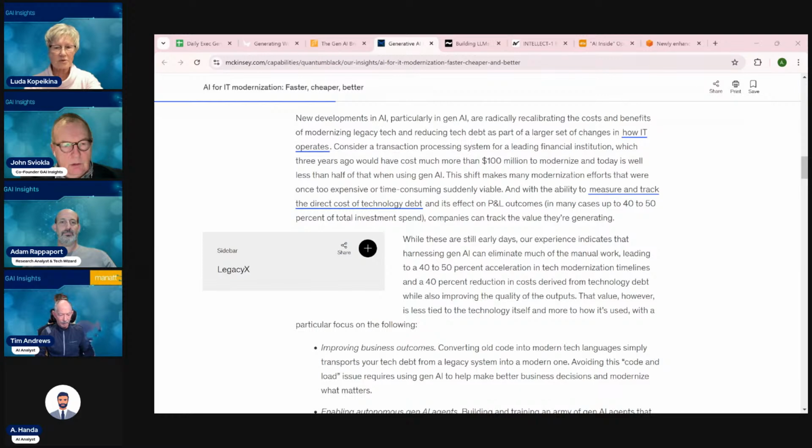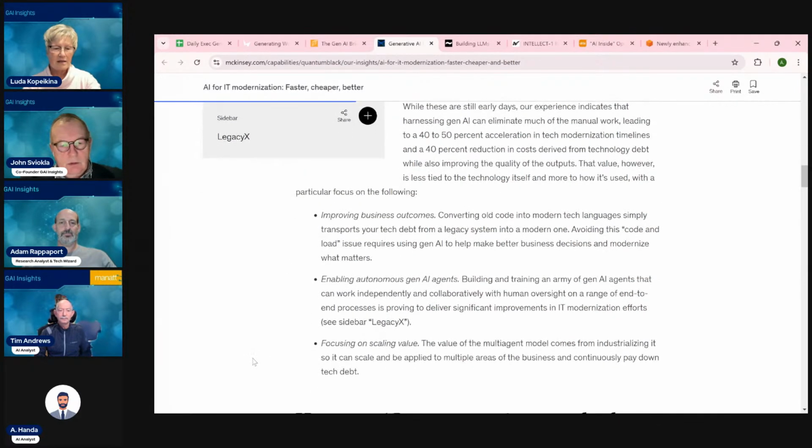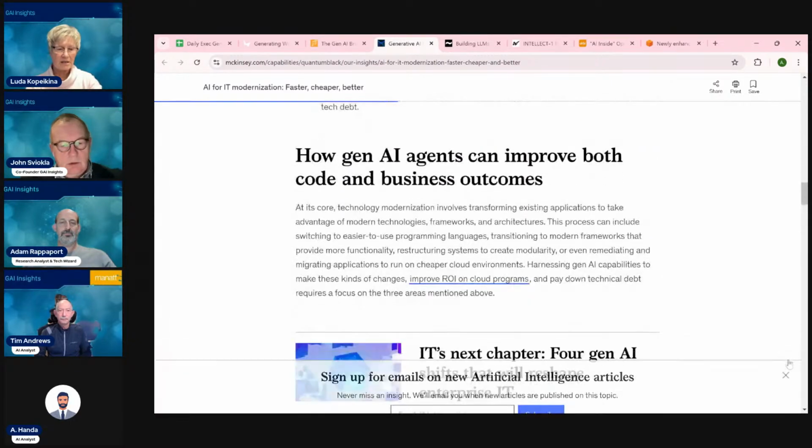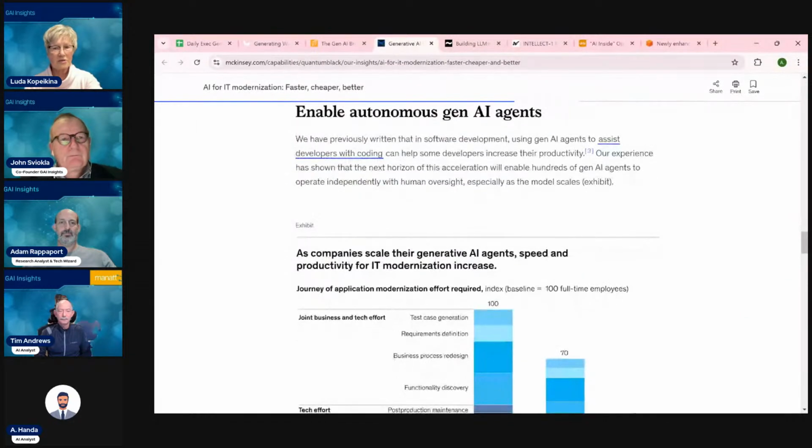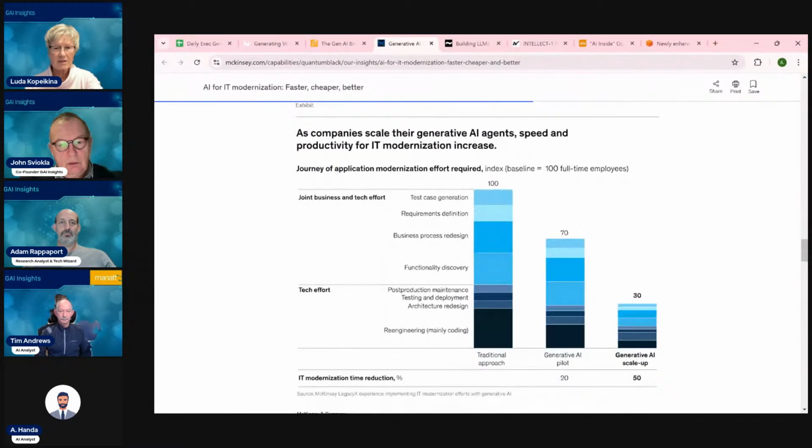And Ankash, if you scroll down to before they start going into more detail, the discussion here is, instead of using AI to convert code into modern languages, think about restructuring and putting autonomous agents to help you, so that it becomes much more manageable code, or even better, focus on scaling value and use a multi-agent model and orchestration and the like.